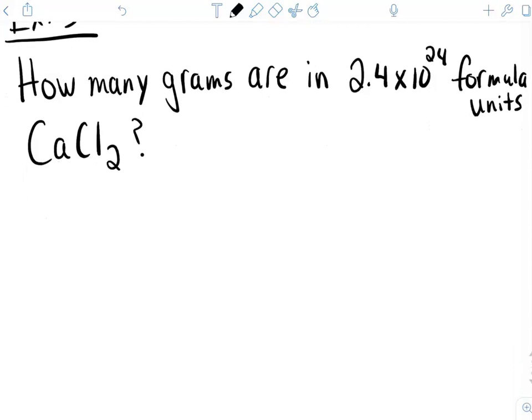So how many grams are in 2.4 times 10 raised to the 24th formula units of CaCl2?